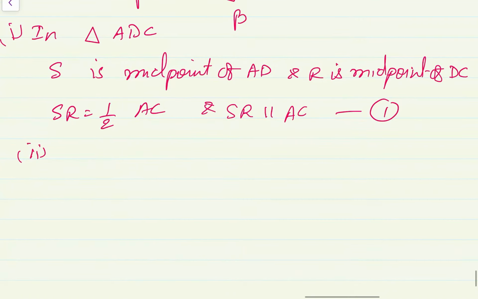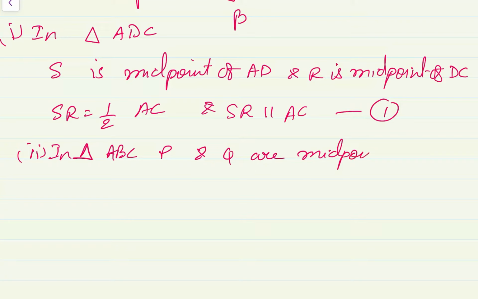Number 2. In triangle ABC, P and Q are midpoints of AB and BC respectively.